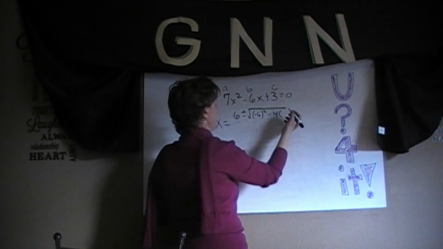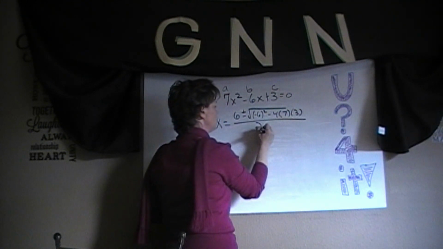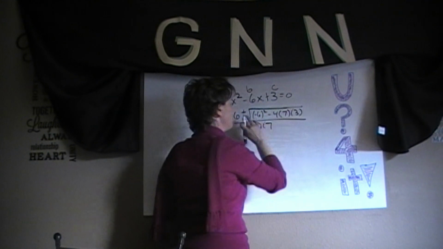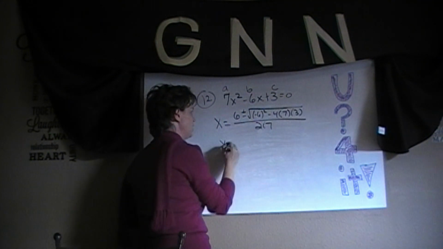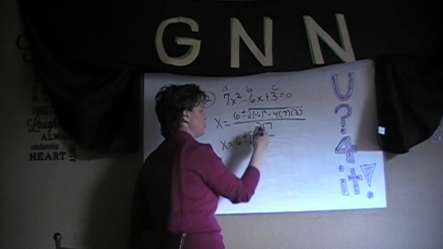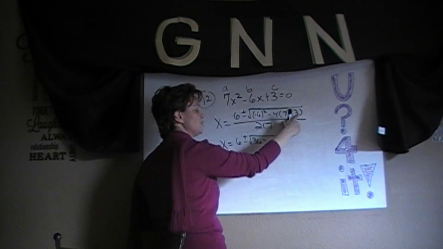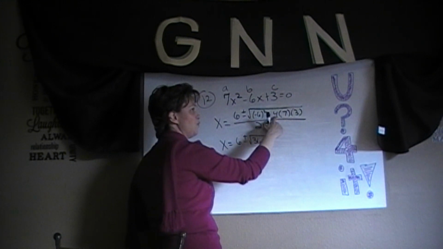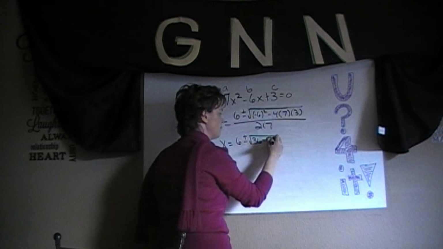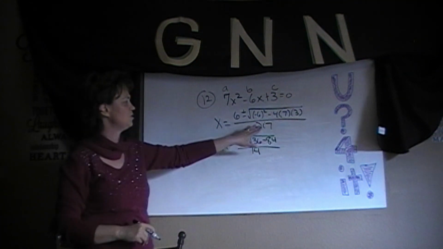So negative 4 times a times c all over 2a. And now we're going to go ahead and simplify this expression. x equals 6 plus or minus the square root of, now that's 36 minus, well, this is 7 times 3 is 21, and 21 times 4 is 84, over 14, because 7 times 2 is 14.